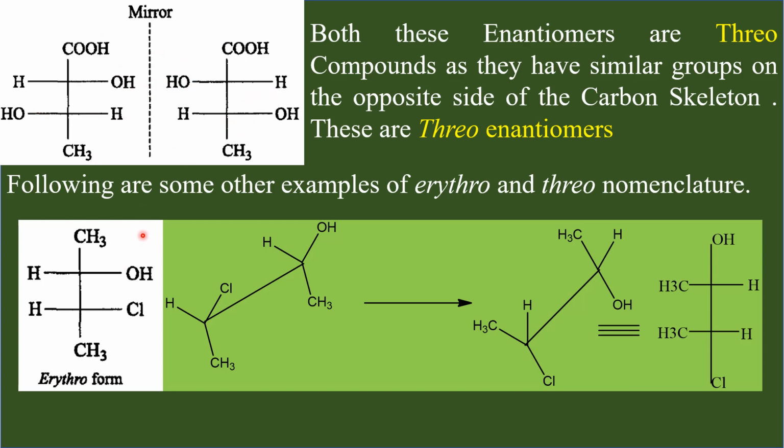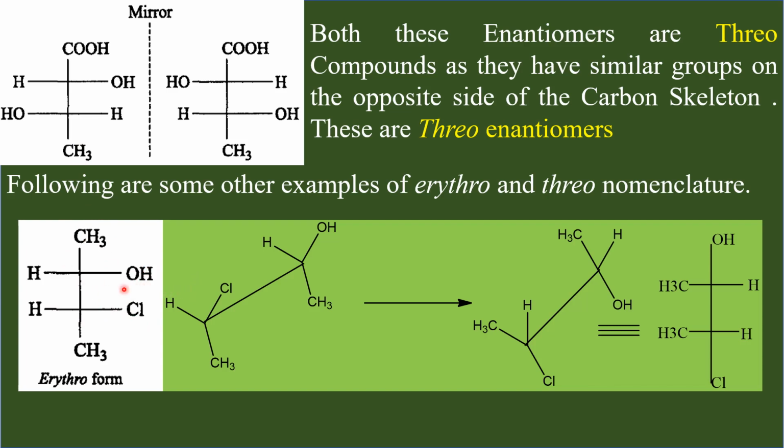I have given another example here where in the horizontal line we have the different groups. Earlier we had the similar groups, hydrogen, hydrogen and OH, OH in the horizontal line, but the different groups were present in the vertical line. Here I have given an example where the two groups which are different are in the horizontal line.